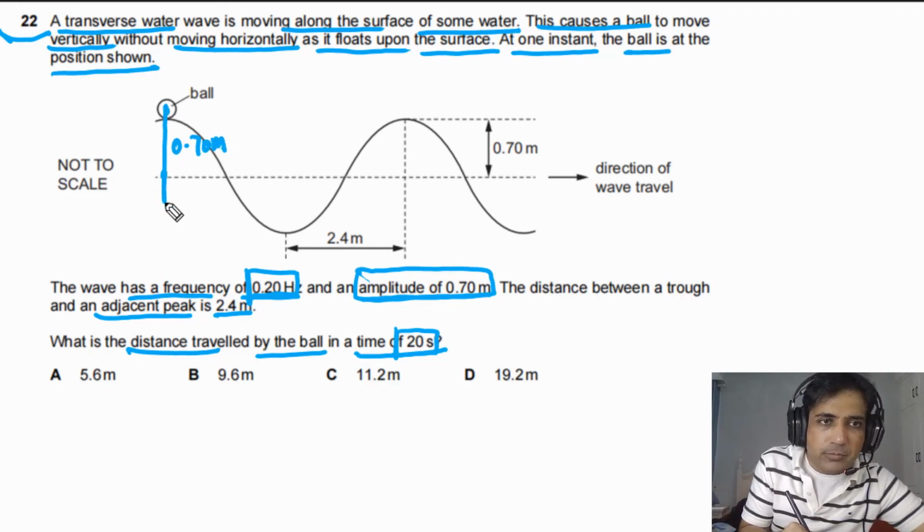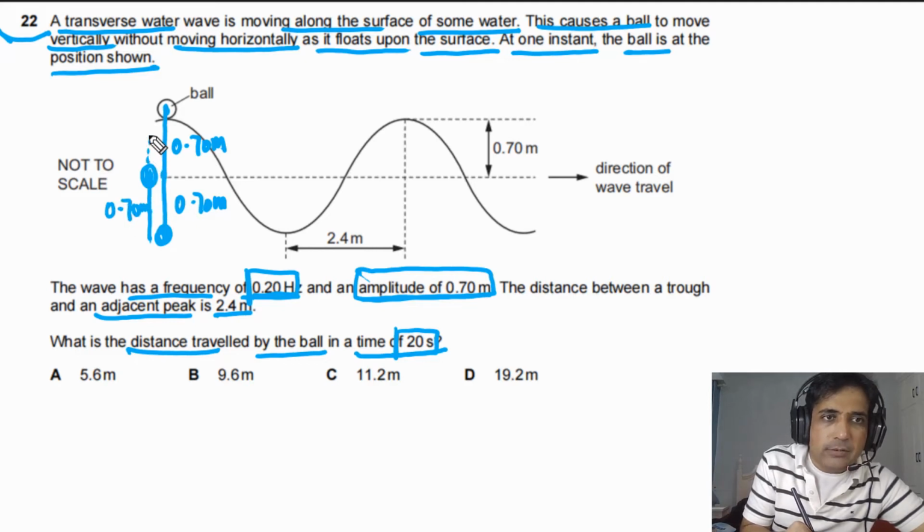Then this ball will go to the bottom, to the lowest point. Again, it will travel 0.70 meters. Then this ball will start moving up and reach equilibrium again, so the distance traveled in this case is also 1 amplitude, 0.70 meters. Then it will come back to the same position.